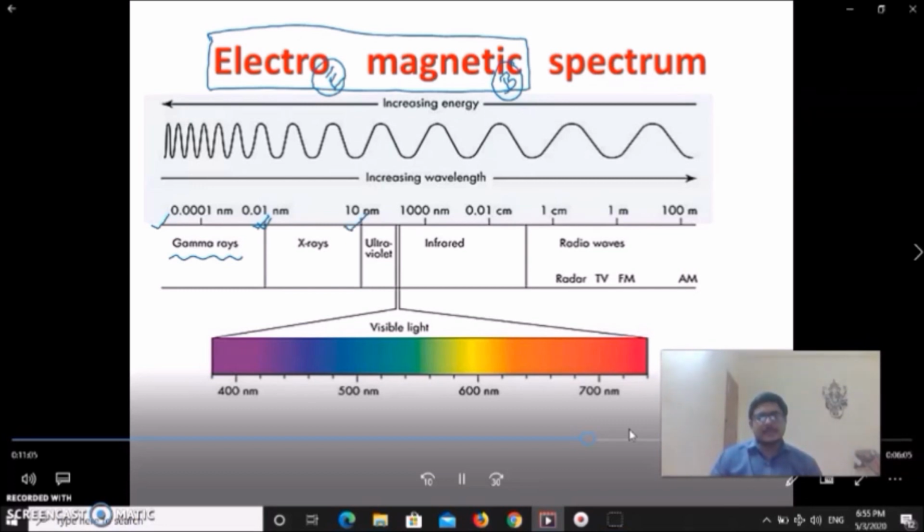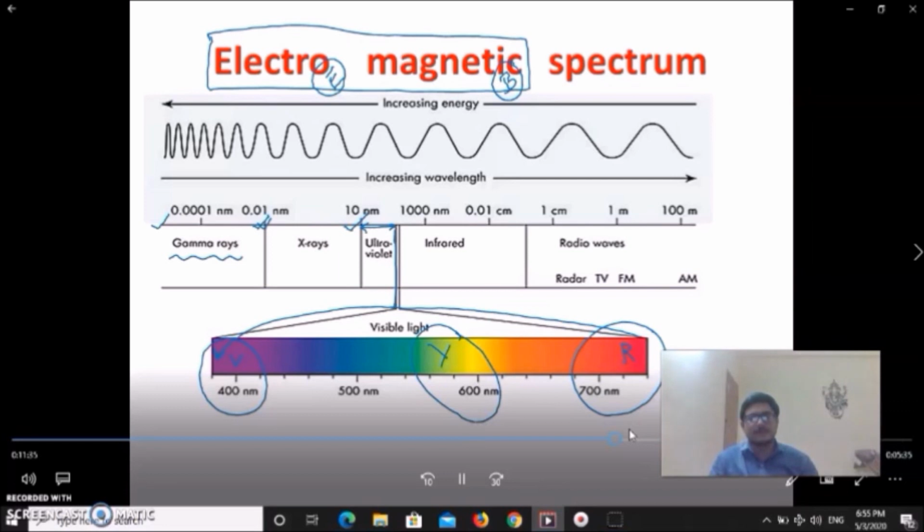After this, X-ray, its wavelength is up to 10 nanometer. Next, ultraviolet. After ultraviolet, our visible light starts with violet, about wavelength 400 nanometer, and ends with light red, about wavelength 800 nanometer, and in the middle yellow, about wavelength 600 nanometer.